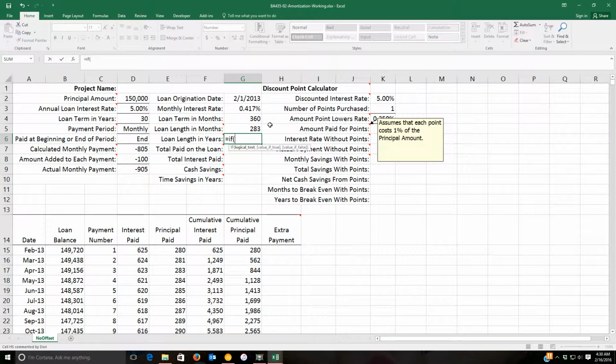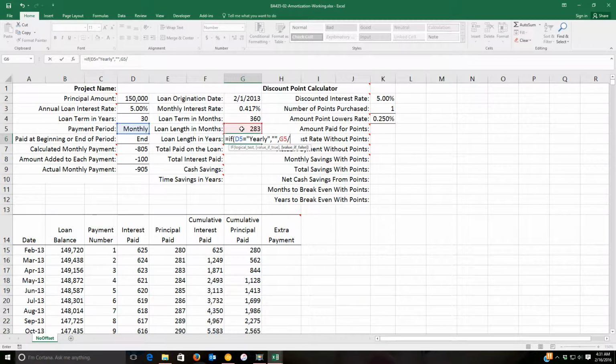If, and I'm going to take a look over here again, the value in D5 equals, in quotes, yearly, then I'm not going to do anything because I've already calculated in the cell above. Otherwise, I'm going to take the value in cell G5, which was the loan length in months, and I need to convert this to years.